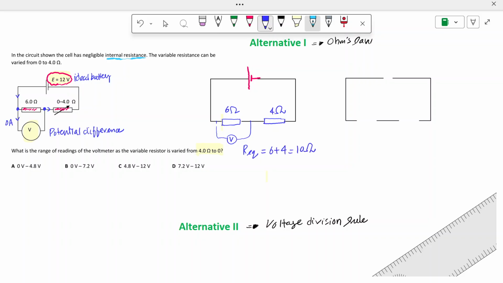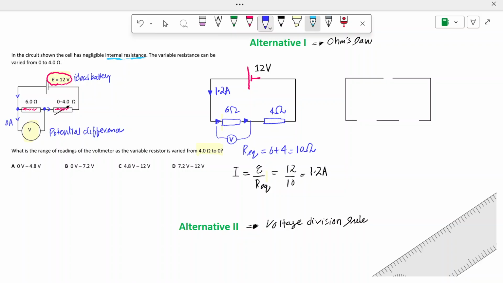Now what is the current flowing through the circuit? For this ideal battery, the current is equal to the EMF over R equivalent. So that is 12 over 10, and that is 1.2 ampere. Now just imagine the 1.2 ampere current is flowing through the circuit. There's only one path for the flow of current, so all the current will flow through the 6 ohms.